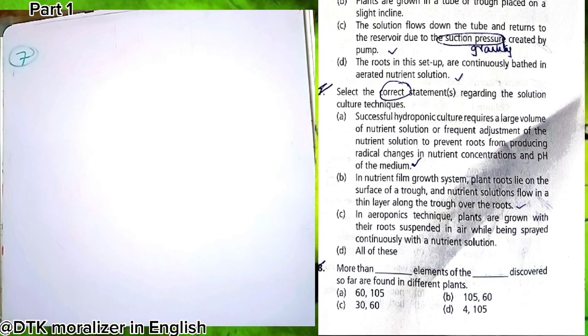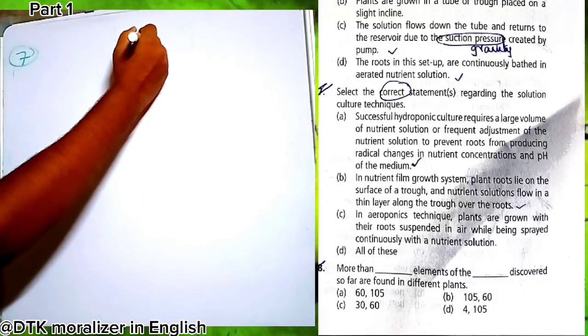In aeroponics technique, plants are grown with their roots suspended in air while being sprayed continuously with a nutrient solution. Correct statement of solution culture. Here as you can see, D, all of this.